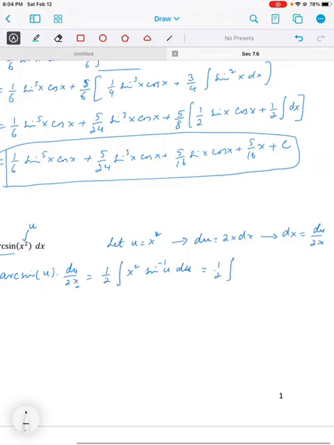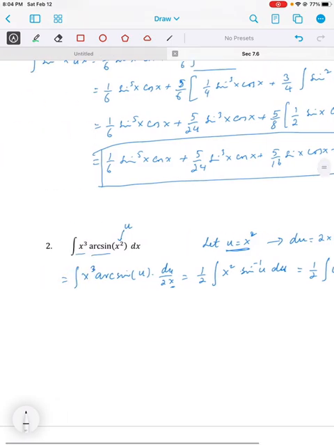So 1/2 integral of, now we already know by the substitution that x squared is u, so we can replace it by u. Okay, so now this looks like something which we might be able to find in the formula. So if you now search for it, you will notice that you end up getting formula number 90.